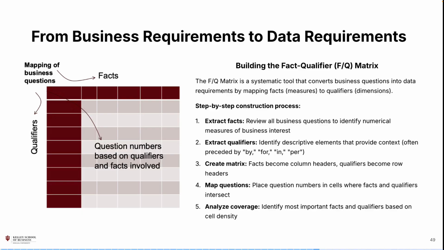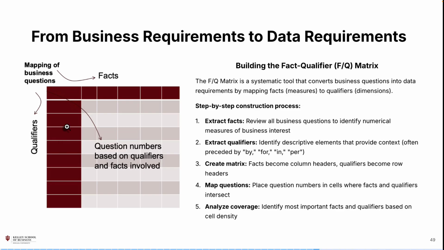Next, we extract qualifiers to identify descriptive elements that provide the necessary business context. The third step is to create a matrix. The facts become column headers, and the qualifiers become the row headers.